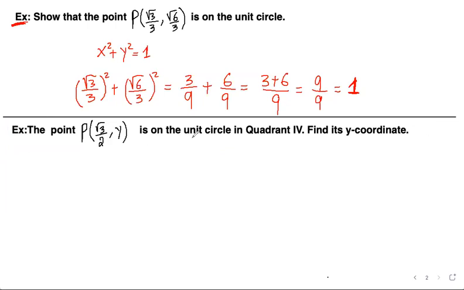The point is on the unit circle in quadrant 4. The question is to find the y coordinate. How can I find the y coordinate, since this point is on the unit circle and is found in quadrant 4? So let me graph the unit circle. This is my unit circle here.